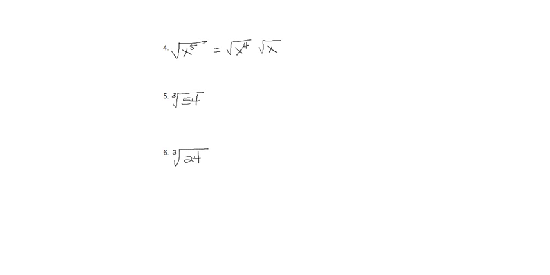So as we stated earlier, we can write the square root of x to the 4th as a fractional exponent. So it's an exponent of 4 with a root of 2. So it can be written as x to the 4/2 power. Then we're left with root x. 4 divided by 2 is 2. So we're left with x squared root x.